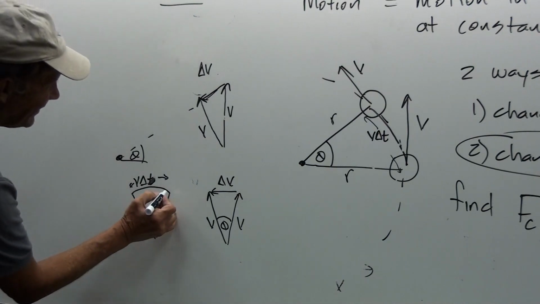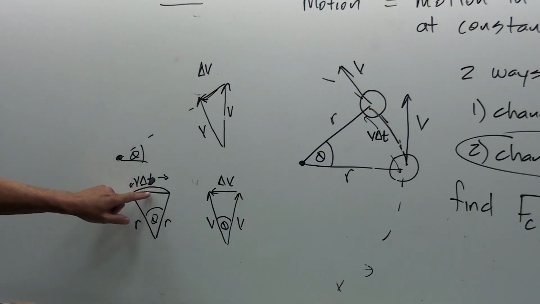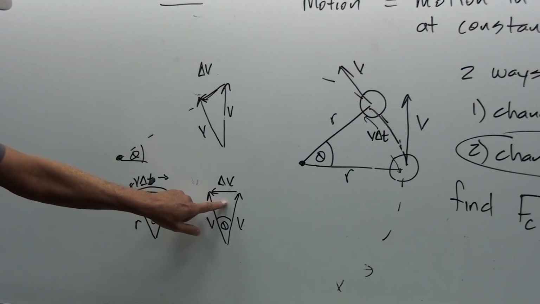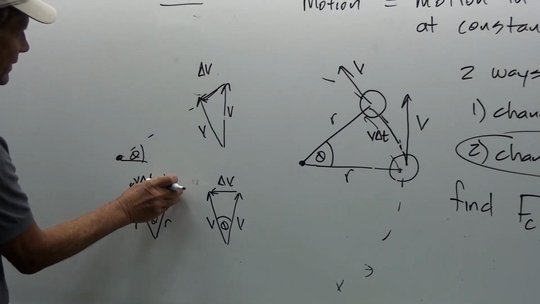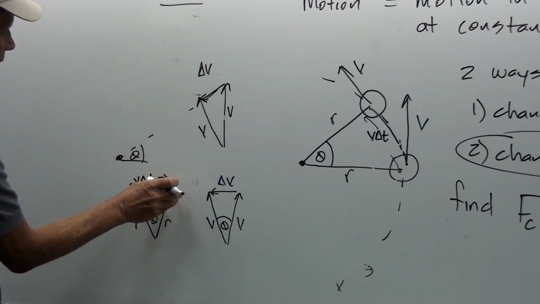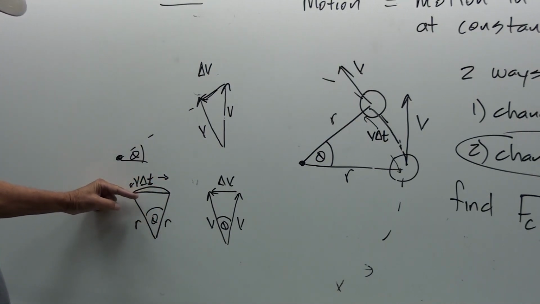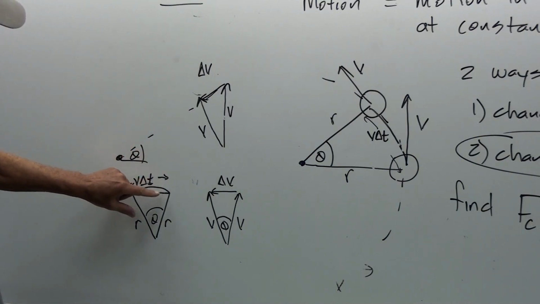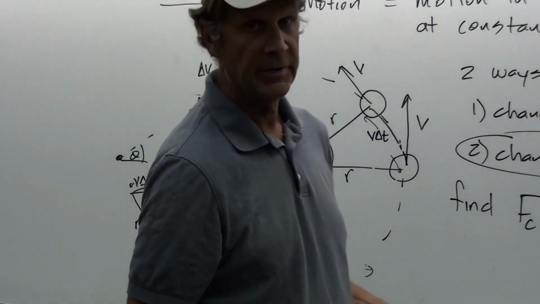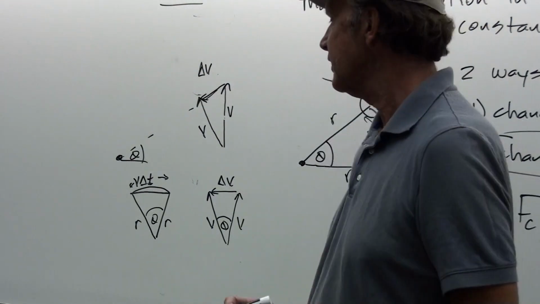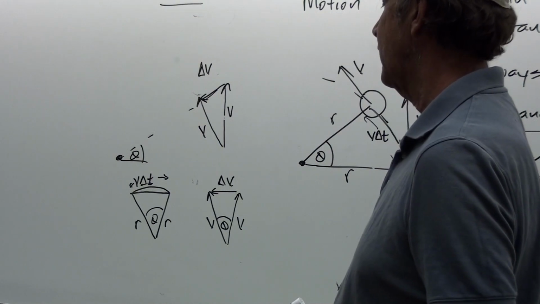Well, you say, wait a minute, not quite. This chord would make a similar triangle to this isosceles triangle, but it's a little curved on the top. That's true, but Isaac Newton was able to show that in the limit, as delta t goes to 0, this distance and that distance are the same. Archimedes also showed that with his method of exhaustion for computing pi.